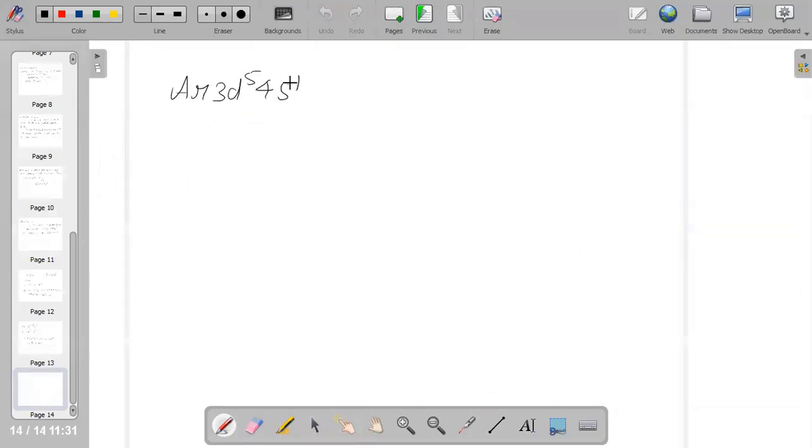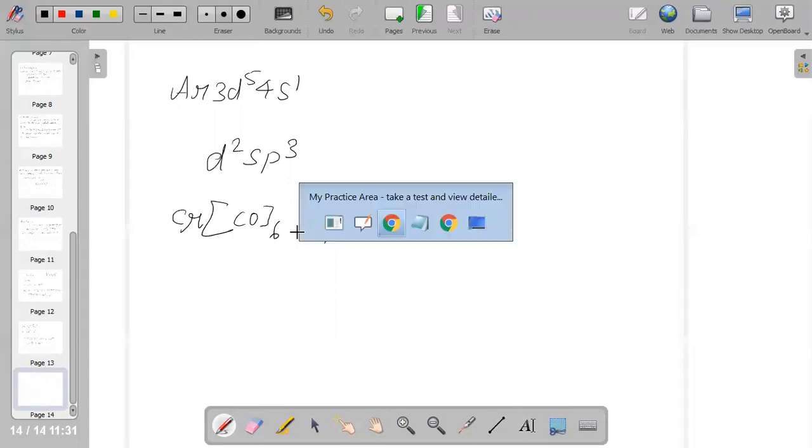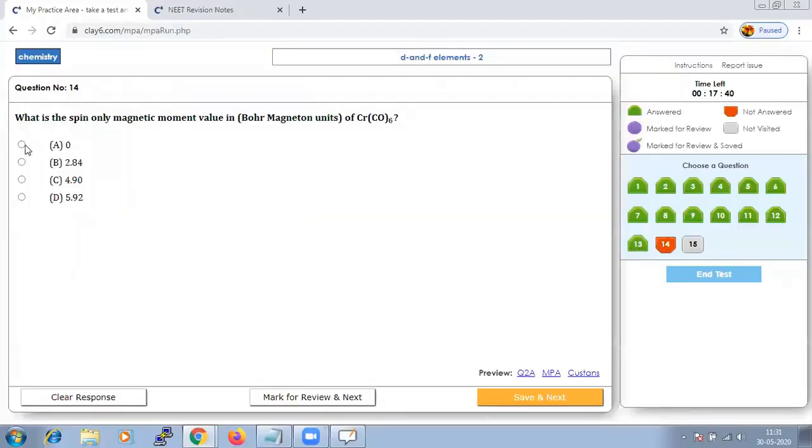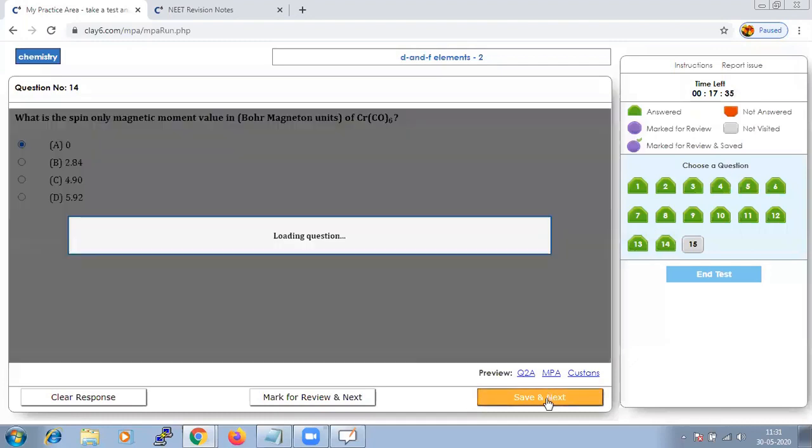We have to accommodate 6 ligands, and since CO is a strong ligand, the hybridization is d2sp3. That means the complex Cr(CO)6 will not have any unpaired electrons. If there are no unpaired electrons, then the spin moment will also be 0. So the answer should be 0. Let us save that and go to next.